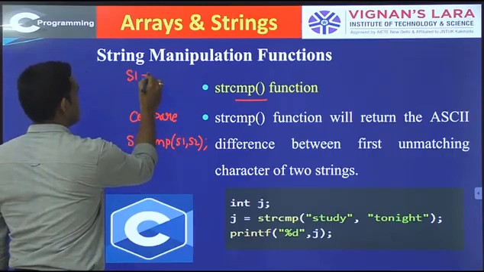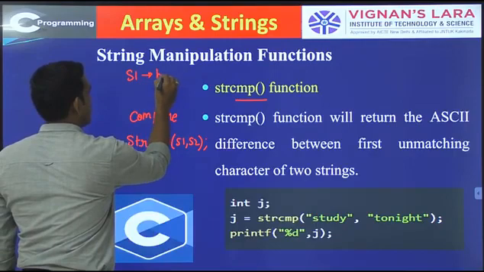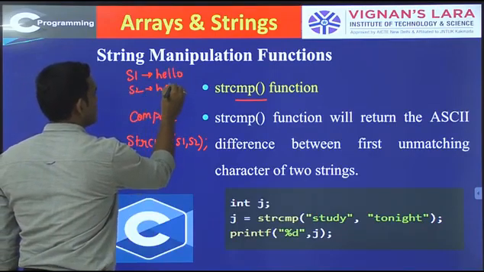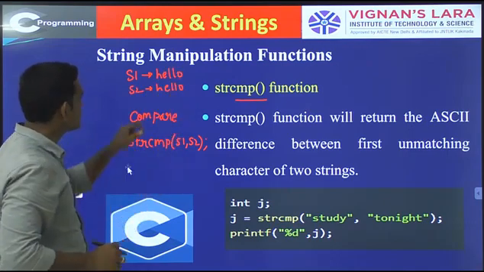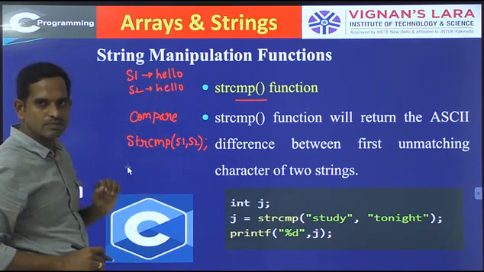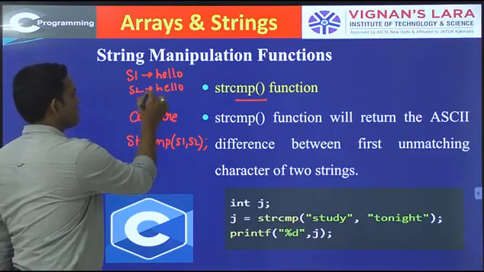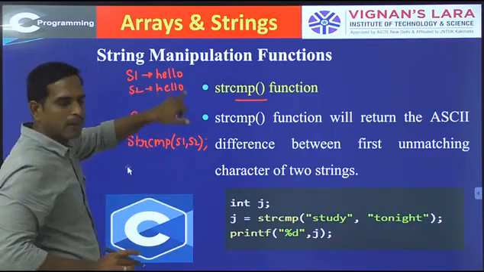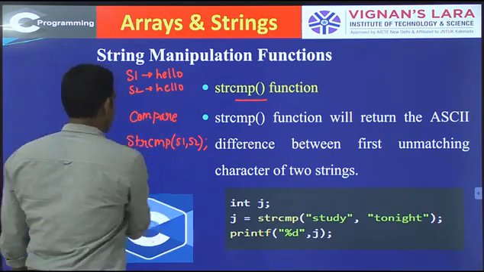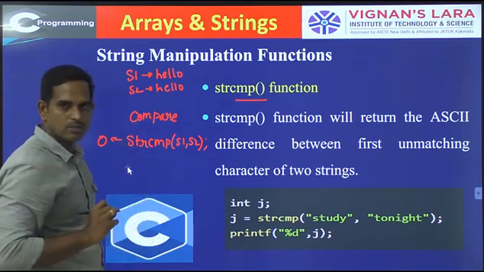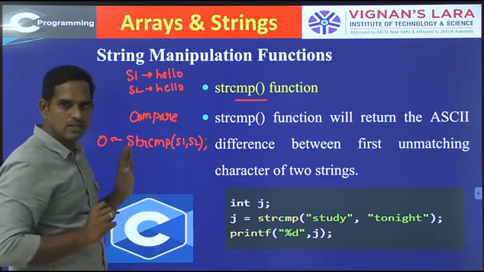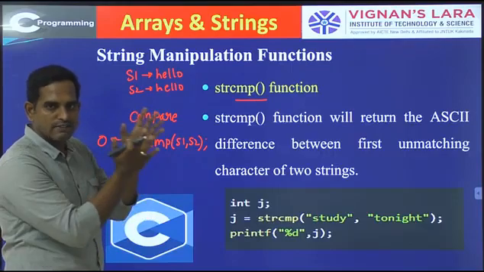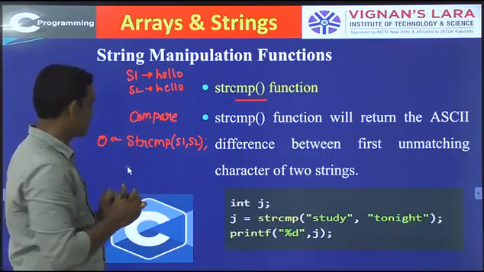If your S1 is the word hello and S2 is the word hello, I am comparing each and every character with one another. S1 and S2 have the same characters, so there is no non-matching character. At that time you will get the result as 0. That is, it will compare two strings, and if the strings are the same, it will return 0.